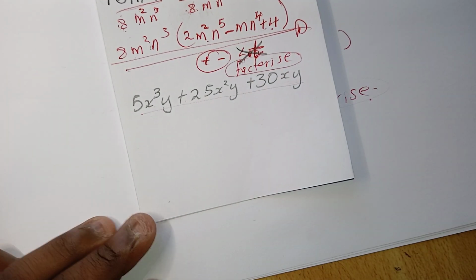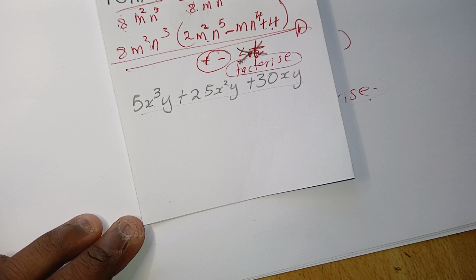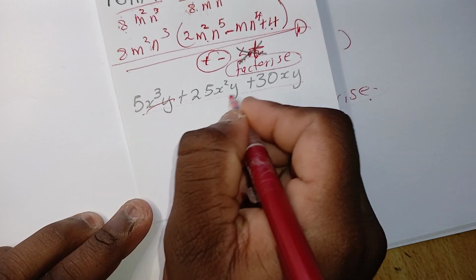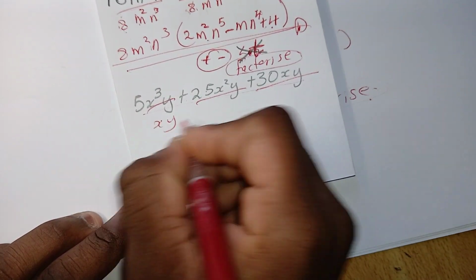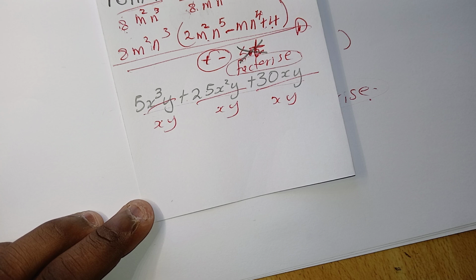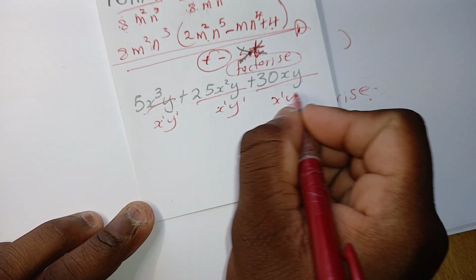To factorize this, guys, first, all the time you look for a common factor. Here, if you check, the common factor is xy, xy, xy. We take the base that has a small exponent, meaning this one, it has only 1, 1, 1.